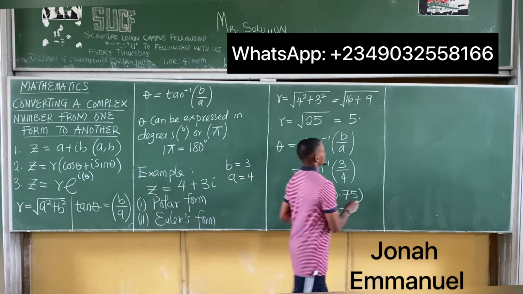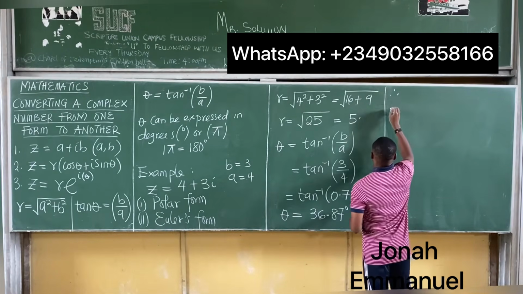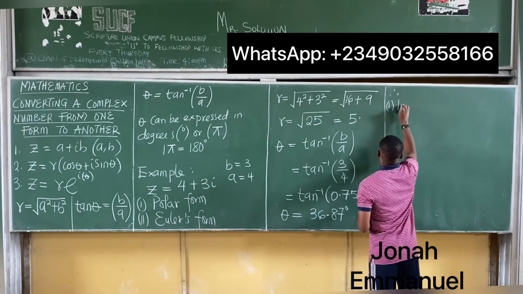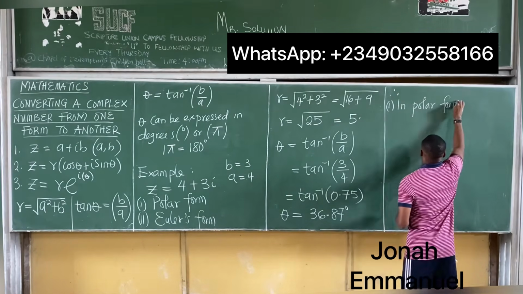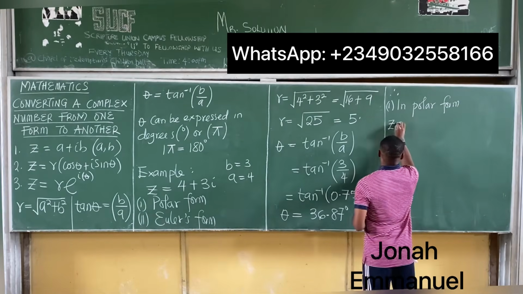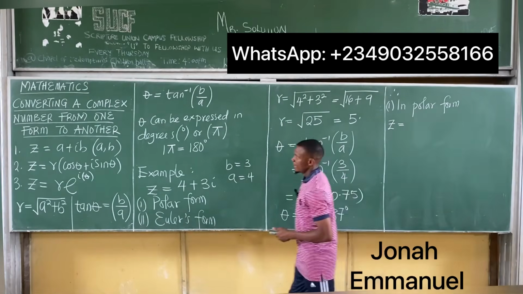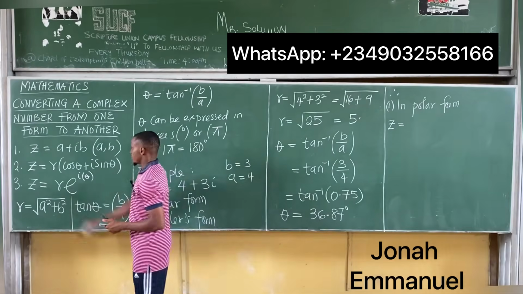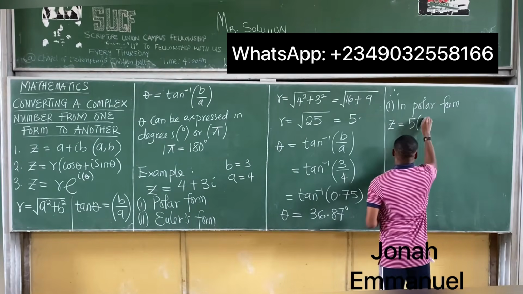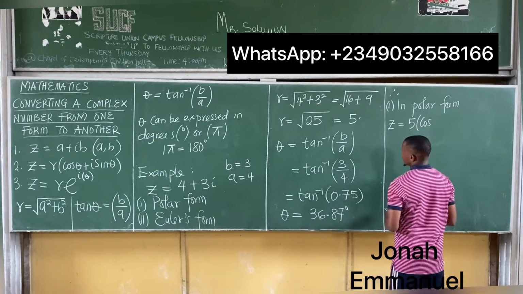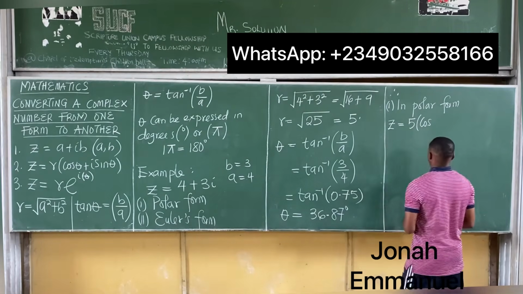Therefore, in polar form, z is equal to r, which is 5, into cos theta, which is 36.87, plus i sine 36.87.